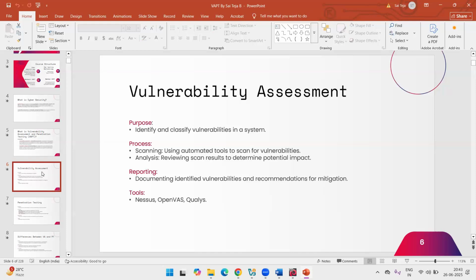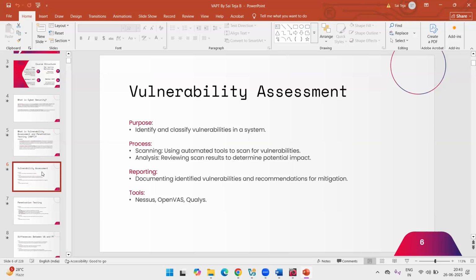It's all infrastructure which has some sort of value in it. There might be some critical information in it, and with those assets, some operations are running.